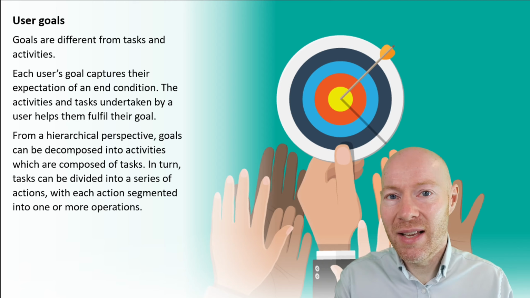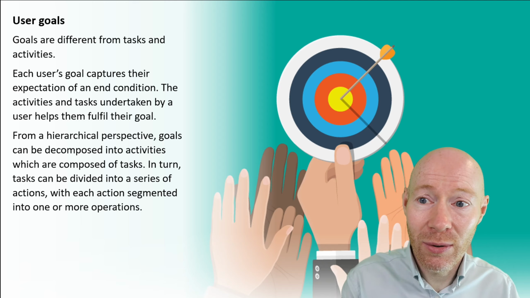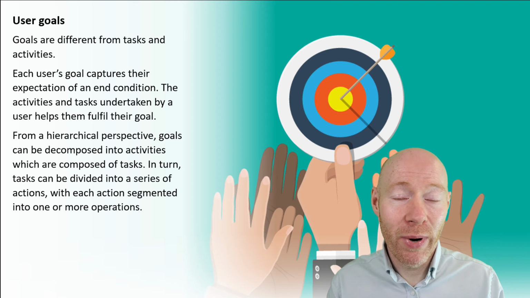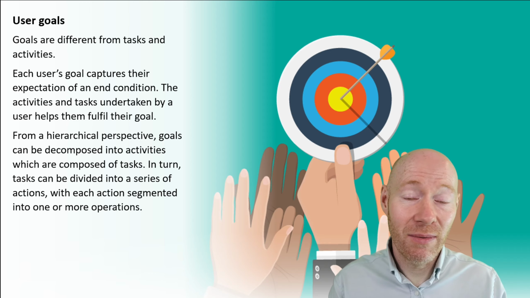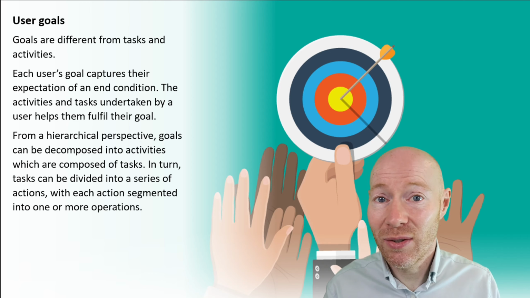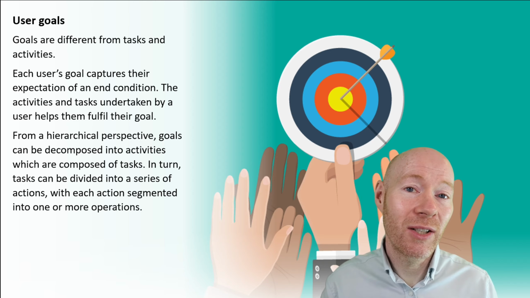We can break these down hierarchically. You could say that goals can be decomposed into activities. You could break activities up into tasks. You could say that a task consists of a number of different types of action, and they may, in turn, take a number of types of operations.